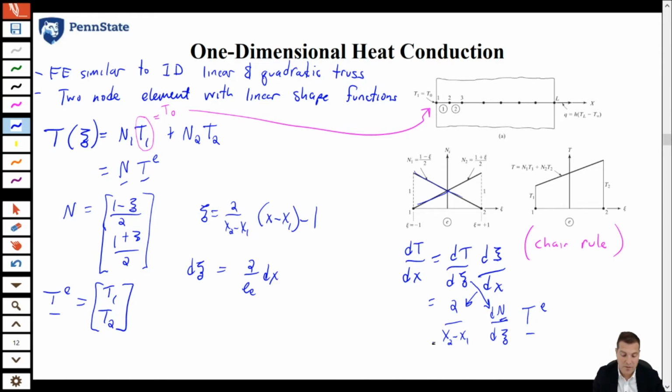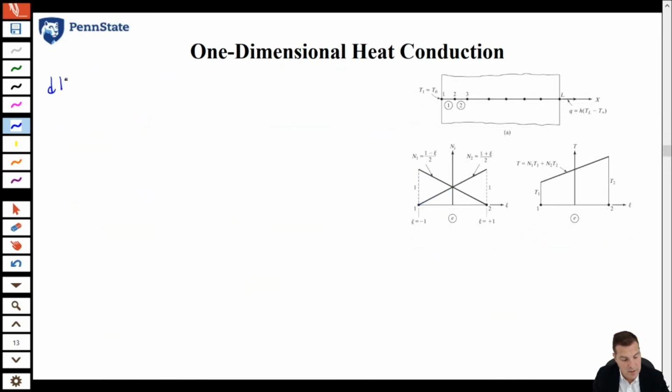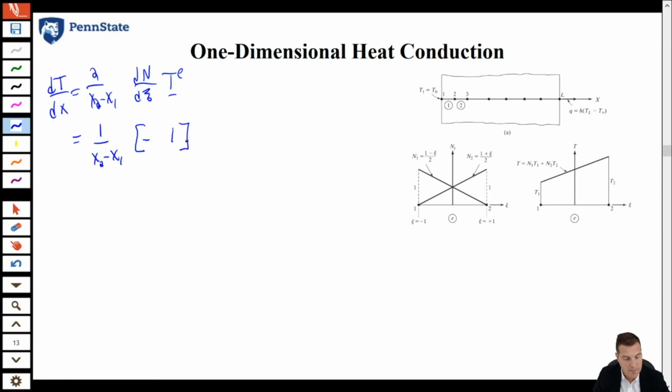So then we have the derivatives of the shape functions, which we need to figure out. For that, we do dT dx is equal to 2 over x2 minus x1 again, dN d psi T e. So from that we get 1 over x2 minus x1, negative 1 to 1, times T e.